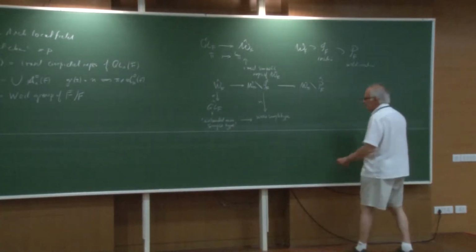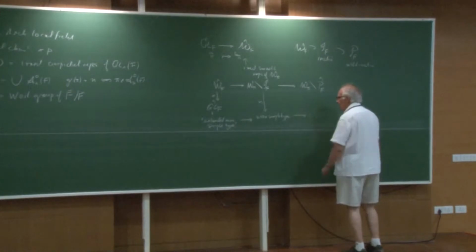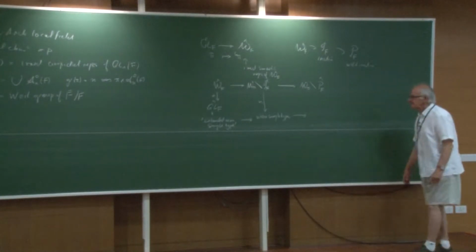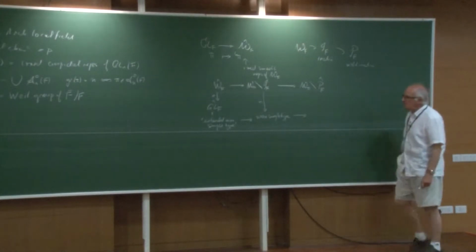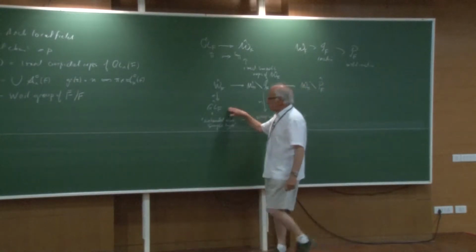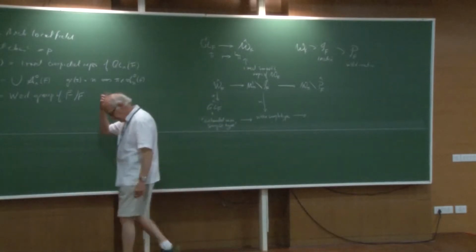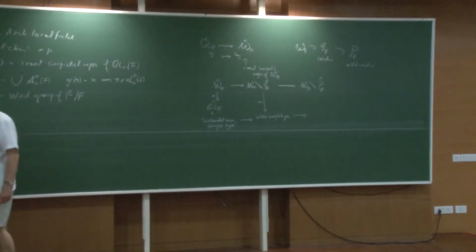More tricky is what happens here. Now, this whole business, this classification of cuspidal representations of GLN, is based on the notion of simple character.